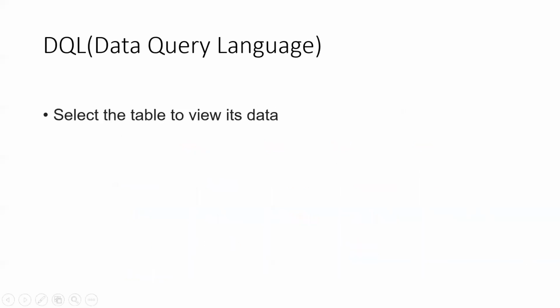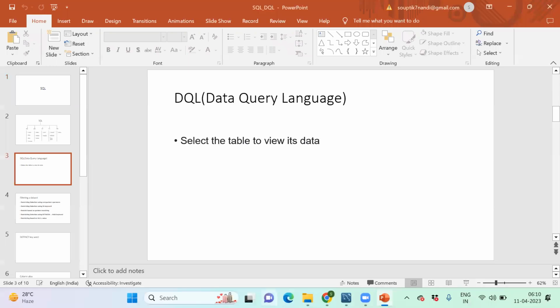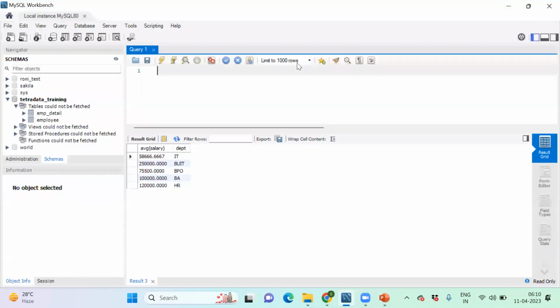The basic one: how to select the data. I'm directly going to my query editor. I have created this new table, employee. So I'm doing select. Select is the keyword. Star, from.